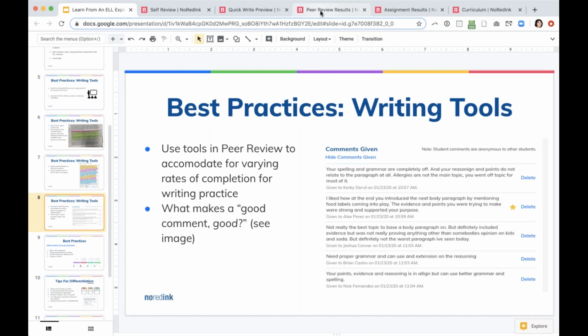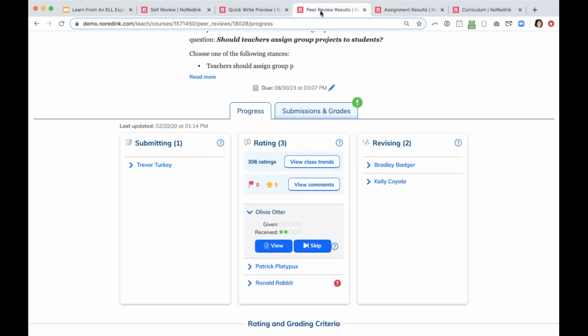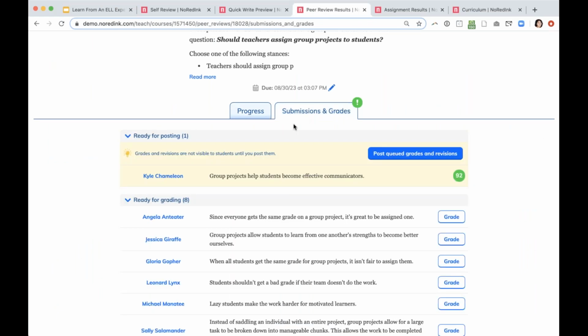Yeah, I love the focus of teaching what a good comment was prior to it, because I've experienced it too. They put good paragraph and somebody says it's a good comment, but at the same time, whenever you are using it in conjunction, as she was mentioning, you are able to see the comments that the students leave.